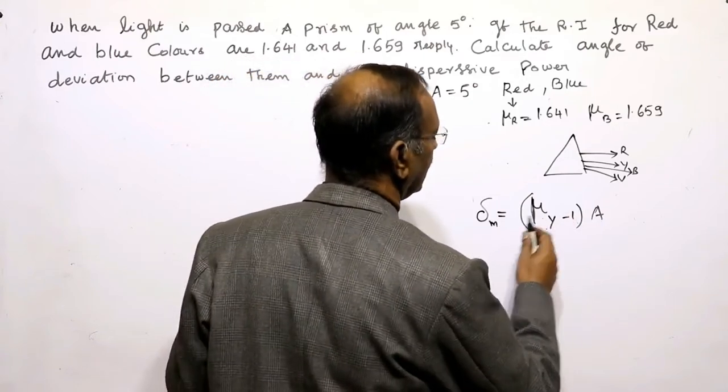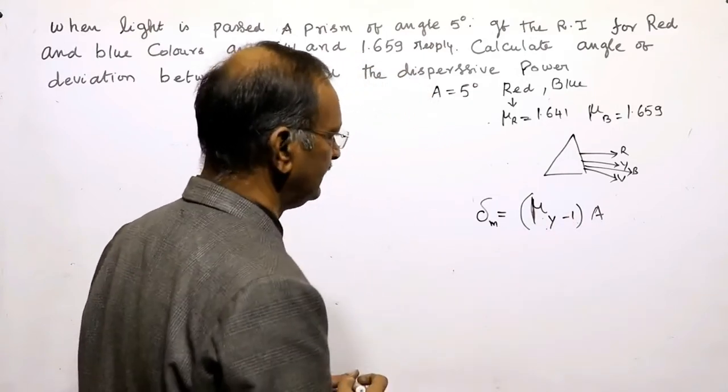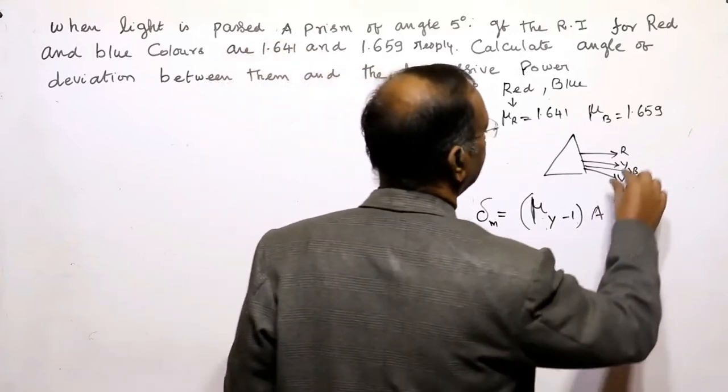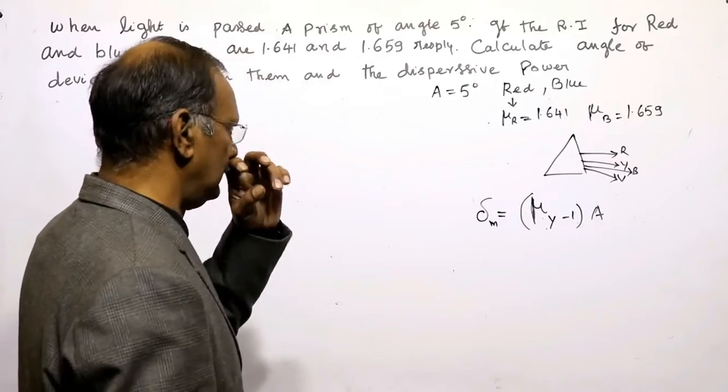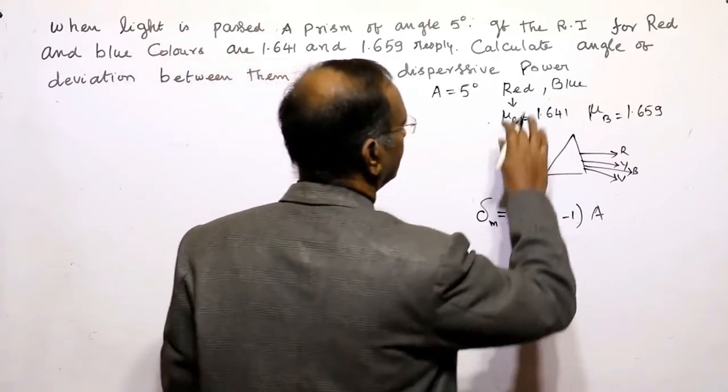So we will calculate for yellow color, since yellow is the mid of the deviation. The deviation produced by the yellow color is given by the average of the given two.